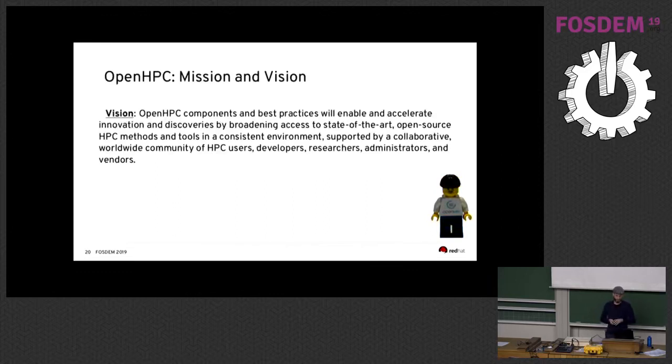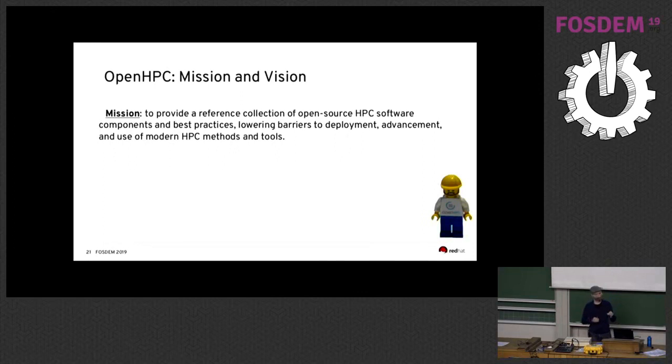So the project has a vision and a mission statement. This is the vision statement. It sounds pretty visionary, and I think one of the goals is to make everything better and easier, focusing on setting up and running an HPC system. And the mission statement is a bit more clear for me.